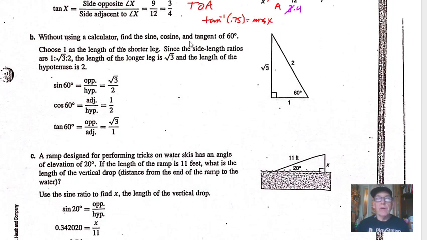Without using a calculator, find the sine, cosine, and tangent of 60 degrees. Now this reviews our special right triangle patterns. They didn't do the 45, 45, 90 though. And remember, with the 45, 45, 90, we've got a 1, 1, radical 2 ratio of the basic side lengths.